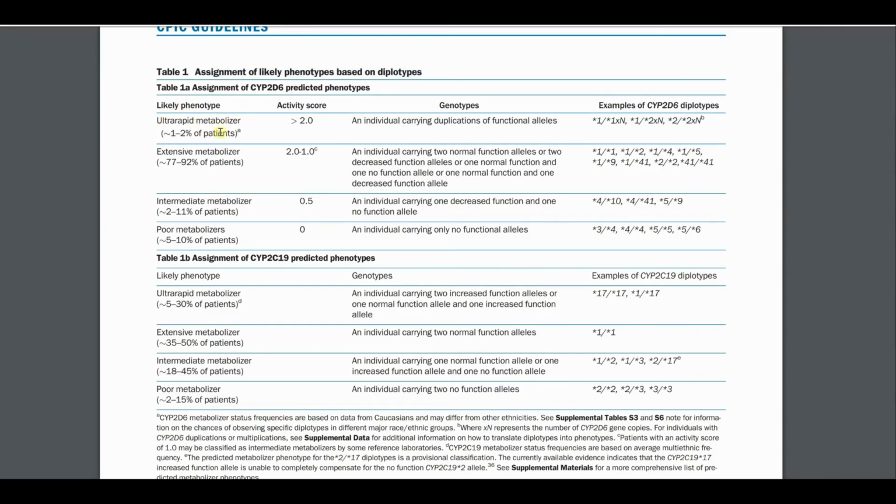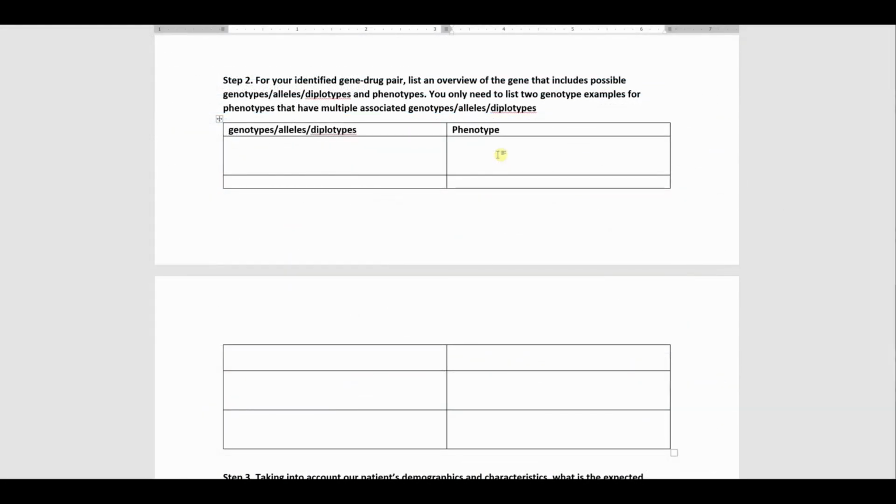You can see there are 4 different phenotypes: ultra-rapid, extensive, intermediate, and poor metabolizers. This is basically true for all CYPs, with the only caveat being that not all CYPs have an ultra-rapid metabolizer phenotype. The 2 that do are in this guideline, CYP2D6 and 2C19. So let's put those in here.